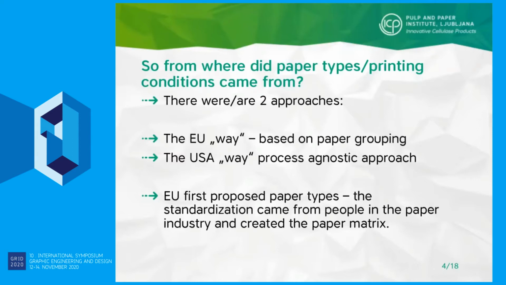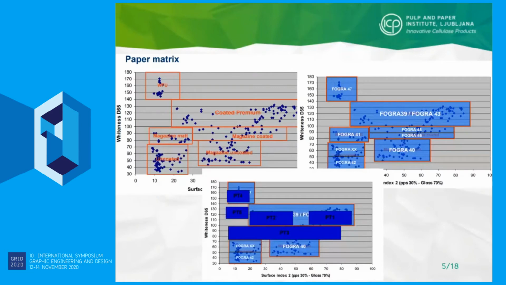And the EU first proposed these paper types, which came from the paper industry, as I said, the left side of the standardization, where they created something called the paper matrix. The paper matrix looks like this, and this is the basis for all printing standards where we're using paper as a substrate.